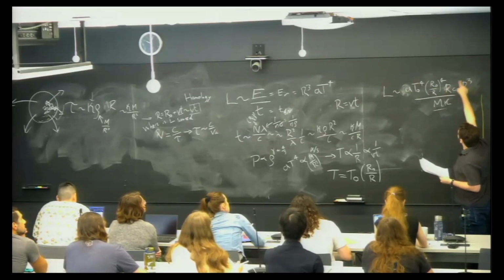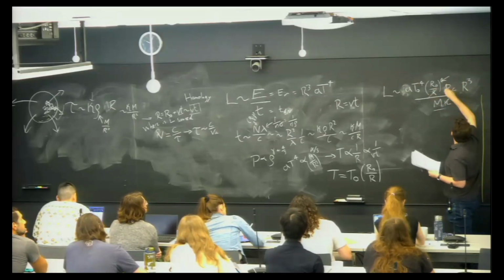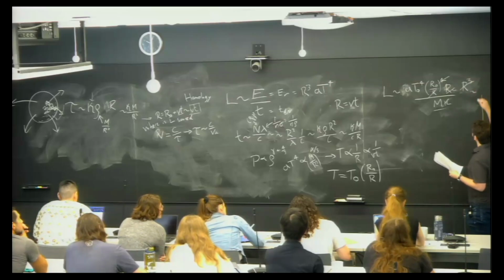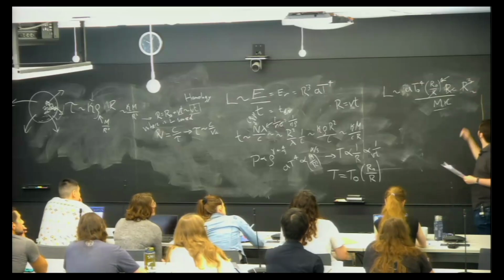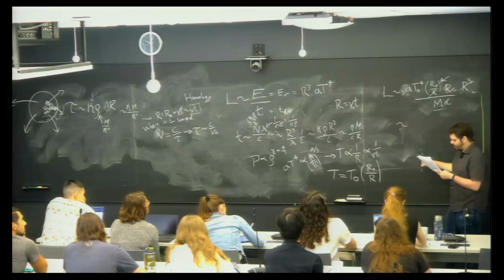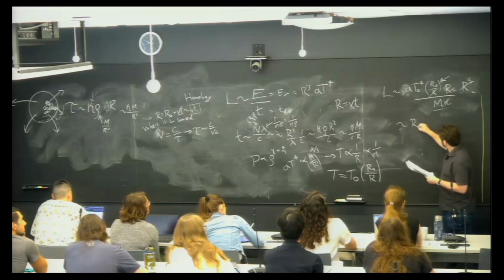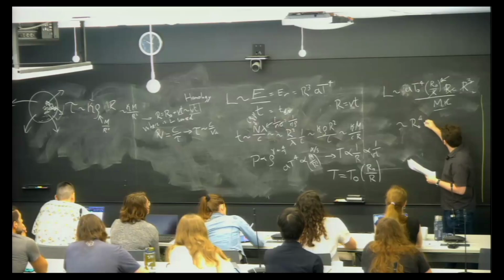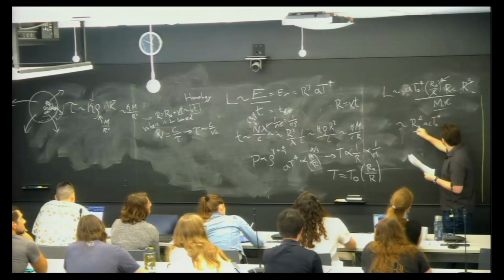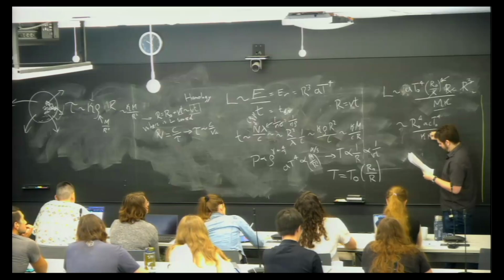We get R to the 4th, and R to the 4th. A nice thing is that these initial radii cancel. So we get a characteristic luminosity scale, which I have to write down here so I don't pass this line. It was something like my initial radius, a c T naught to the 4th over kappa M.